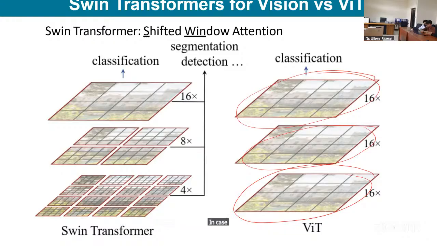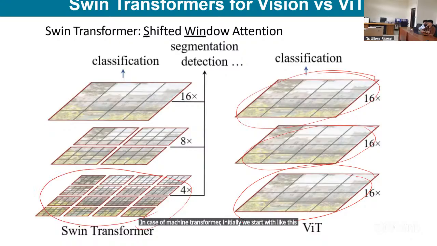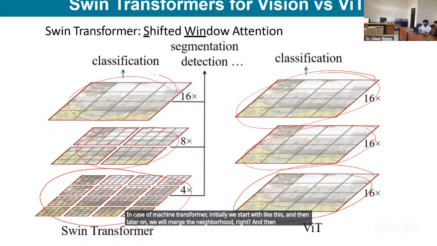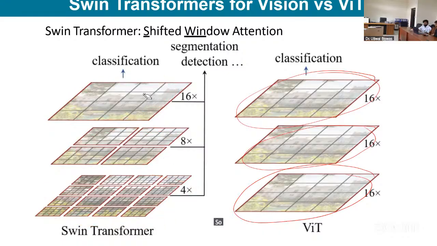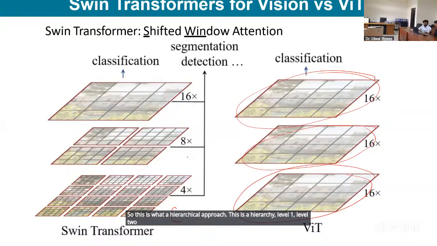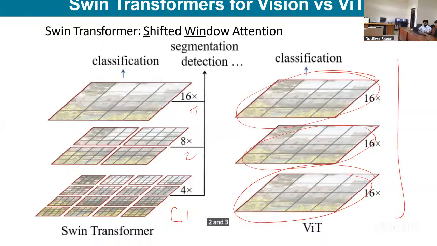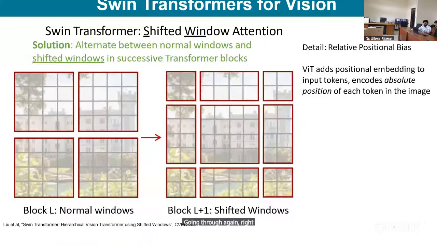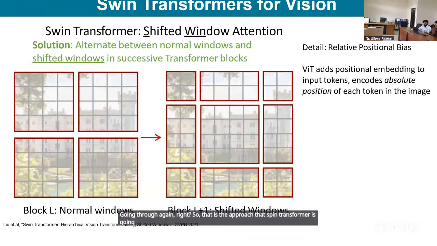In the case of Swin Transformer, we start like this, and later on we merge the neighborhood, and then again merge the neighborhood. This is the hierarchical approach: level 1, level 2, and 3. Here there are no levels, all the same, going through again and again. That is the approach the Swin Transformer follows, and then we shift the windows.